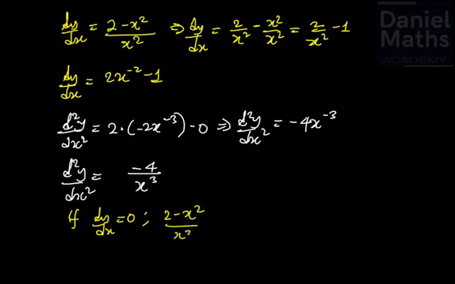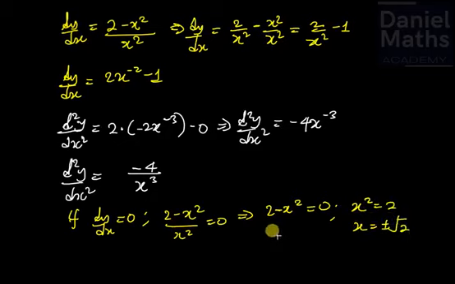This will mean that 2 minus x squared is equal to 0. Then that will give us that x squared is equal to 2. Therefore x is equal to plus or minus the square root of 2. Okay, as simple as that. So this is the value of x in the equation that we were asked to solve. Alright, so that is just that.